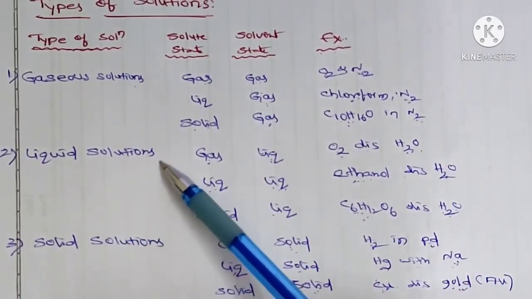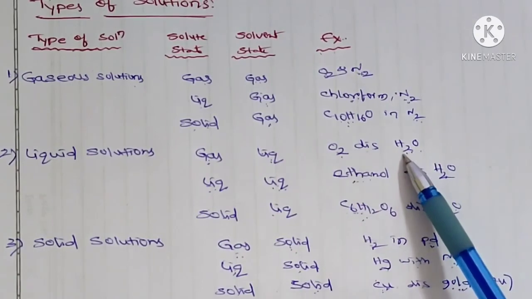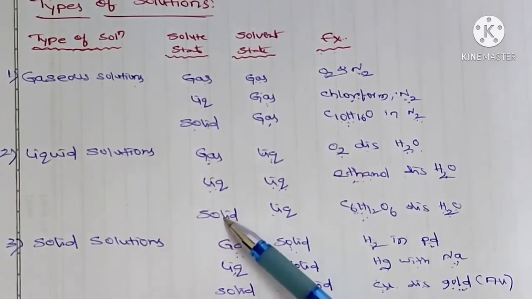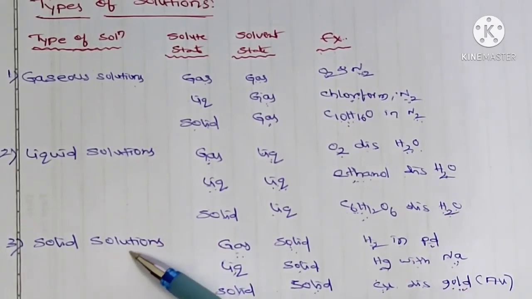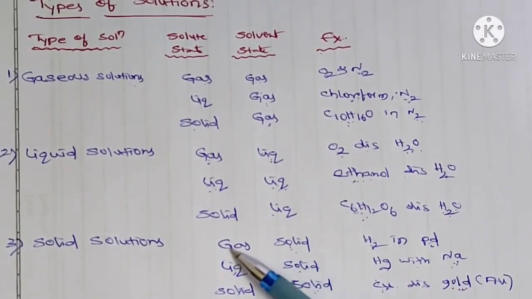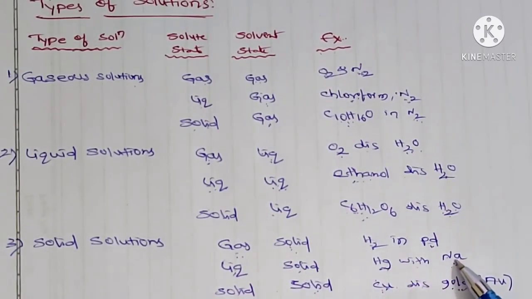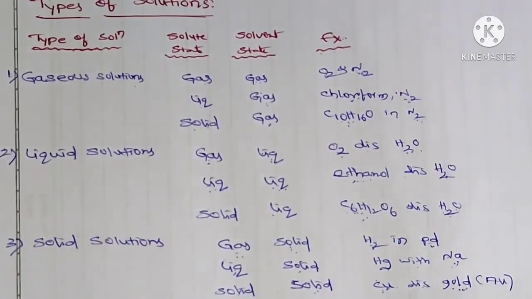The liquid solutions: gases in liquid, O2 dissolved in H2O, liquid in liquid, ethanol dissolved in H2O, solid in liquid, glucose dissolved in H2O. The solid solutions: gases in solid, H2 in palladium, liquid in solid, amalgam of mercury with sodium, and solid in solid, copper dissolved in gold. So these are the 9 types of the solutions.